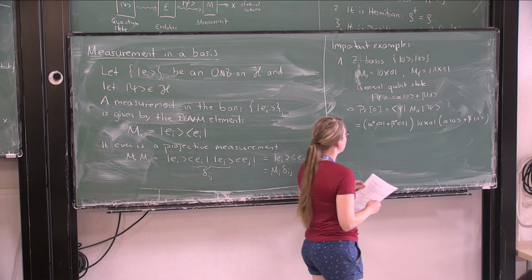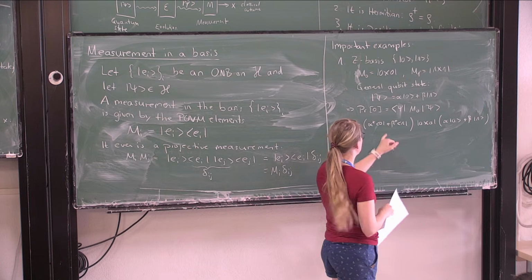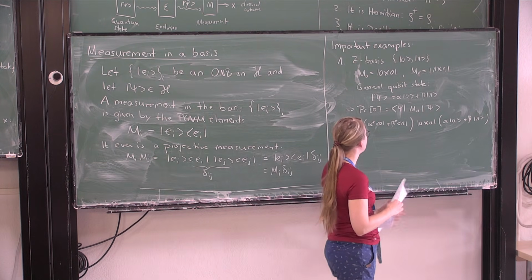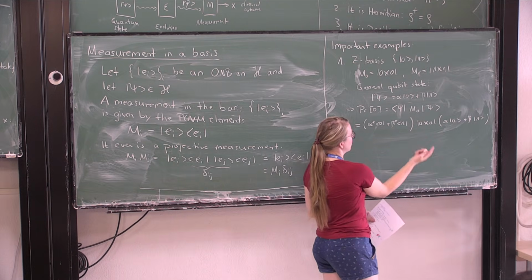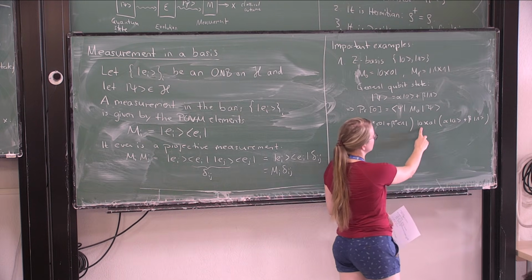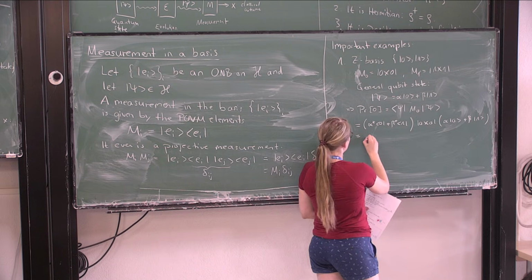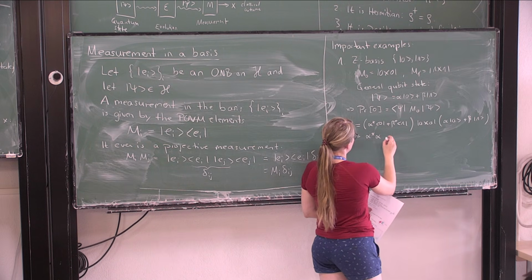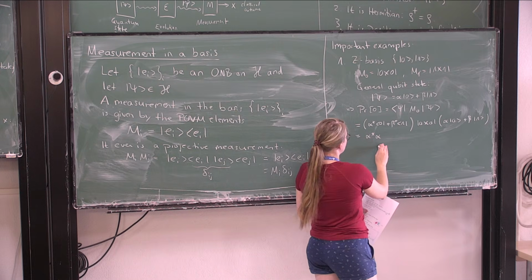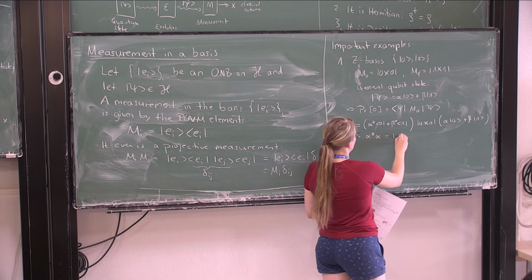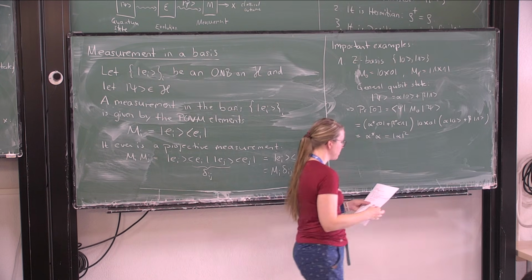Then you can write out all the combinations. So whenever a 0 meets a 0 in the scalar product, you have a 1. Whenever 1 meets a 0, you get a 0. So in the end, out of this is alpha star times alpha, so the absolute value of alpha squared.